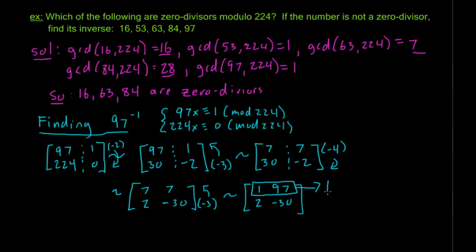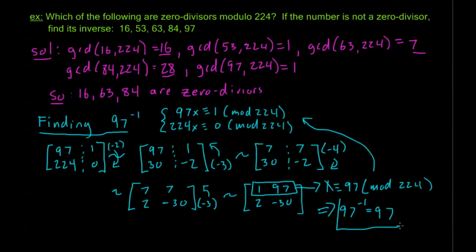This top row says x is congruent to 97 mod 224 from this system I have right here. If we compare it to our Euclidean algorithm, this says 1 equals 97 times 97 plus something else times 224. But equivalently, looking at this system we created for the 2x2, if x is congruent to 97 and 97 times x is congruent to 1, then that implies that 97 inverse equals 97.